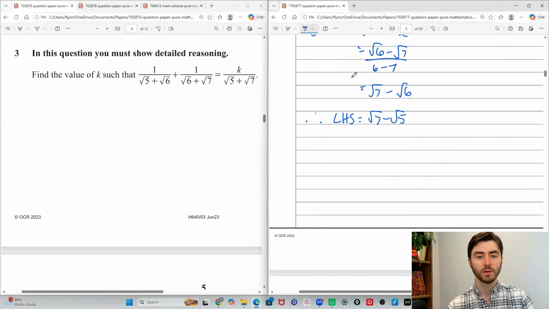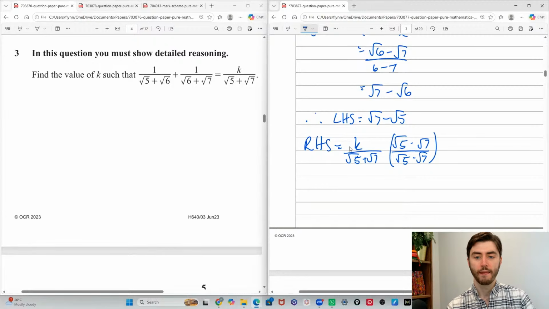So now let's consider the right-hand side, which is k over root 5 plus root 7. And again, we can multiply this by root 5 minus root 7 on top and bottom and get k into root 5 minus root 7 all over 5 minus 7, which is minus 2.